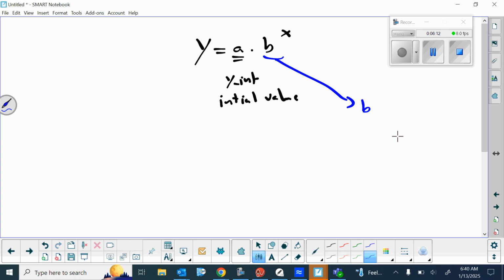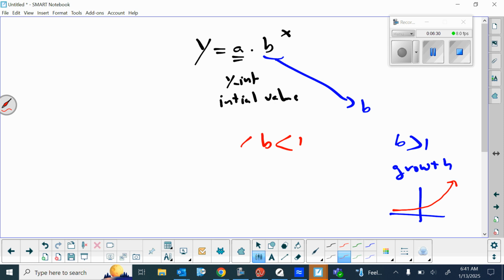If b is greater than 1, you have exponential growth. Growth means your graph is going to increase, the y value is going to go up. And if b is less than 1, between 0 and 1, that's a decay. Decay means decrease. Your y value will decrease, your graph will go down.